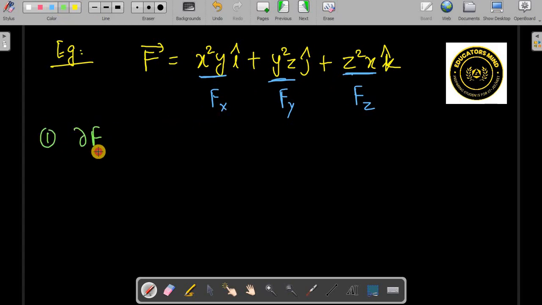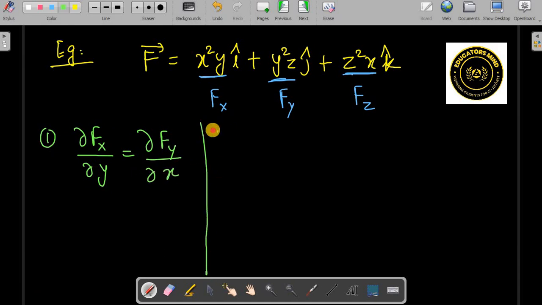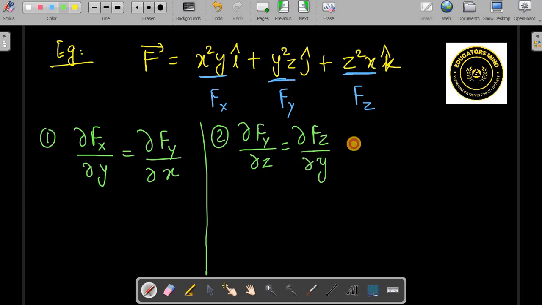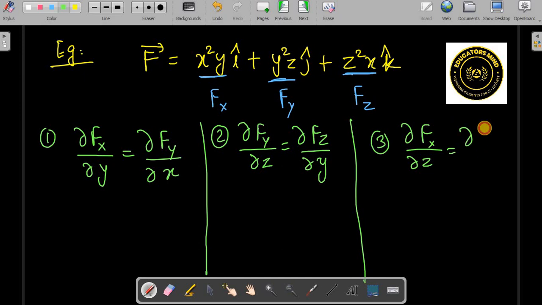Partial differentiation of Fx with respect to y must equal partial differentiation of Fy with respect to x. Second, partial differentiation of Fy with respect to z equals partial differentiation of Fz with respect to y. Third, partial differentiation of Fx with respect to z must equal partial differentiation of Fz with respect to x. So let's check the first criterion.